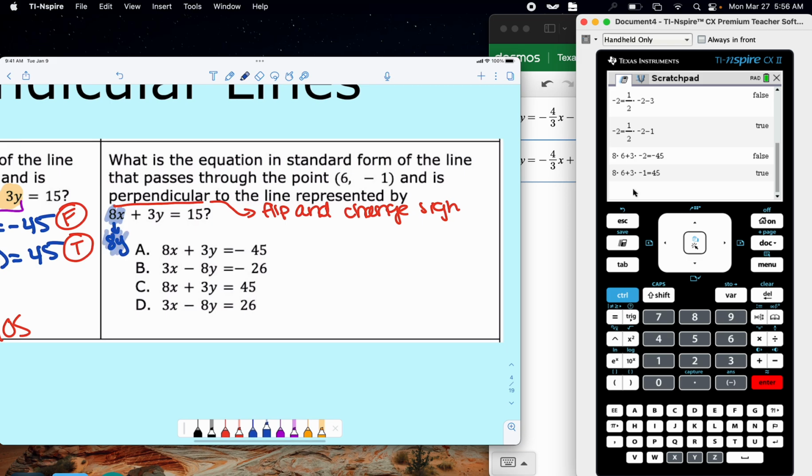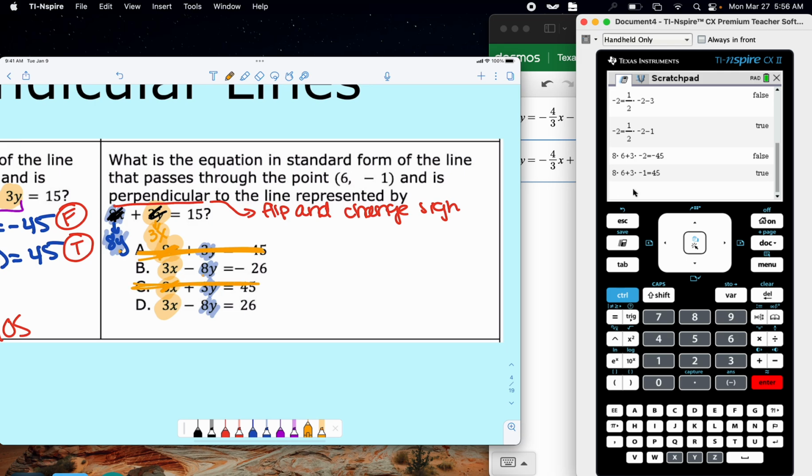Okay? Then we have 3y, and I want that to actually be with x, so 3x. Okay? So we're going to get rid of these up top so we don't have to look at them. We're looking for 8y, and then 3x. So I know that these can't be my answers, so let's eliminate them.